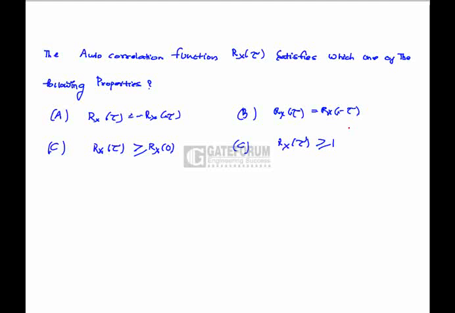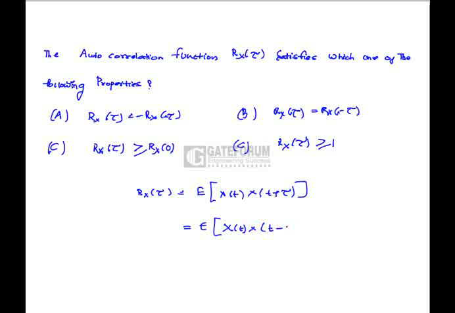The question is, the autocorrelation function Rx of tau satisfies which one of the following properties? If we look into the properties of an autocorrelation function, first of all we need to look into the definition of Rx of tau. What is the autocorrelation function? The definition is the expectation of x of t plus tau times x of t minus tau.